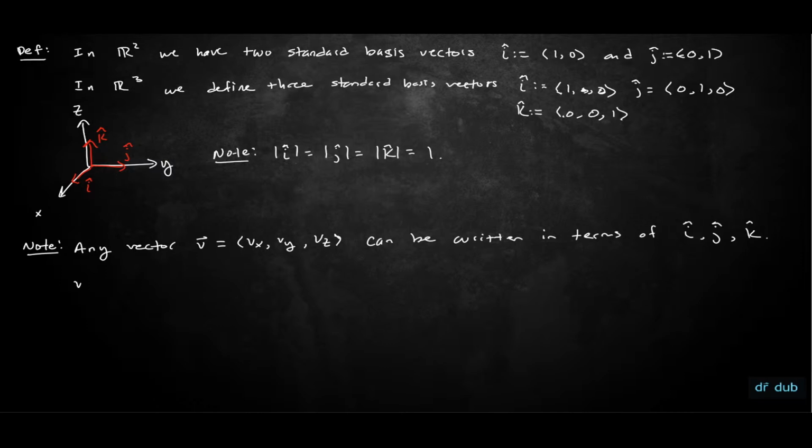And the way we can do that is we can say that v is equal to vx i plus vy j plus vz times k.